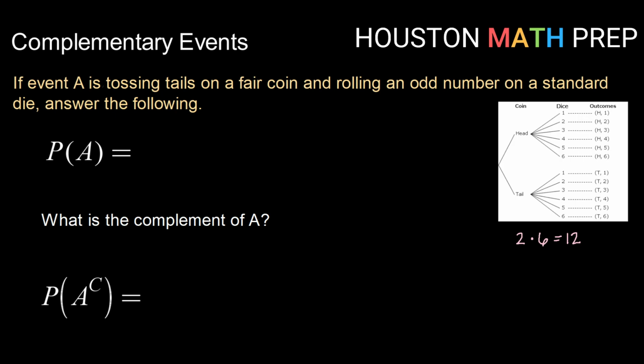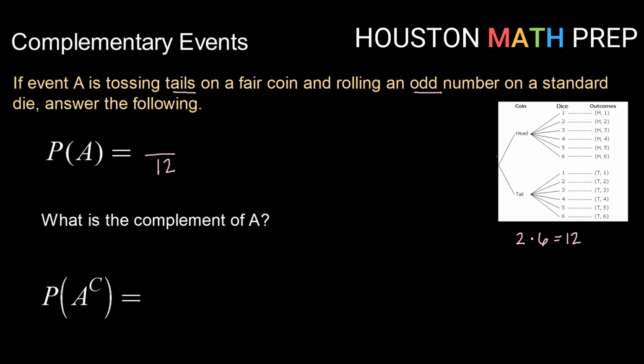So let's say that event A is first tossing tails on a fair coin and then rolling an odd number on a standard die. Find the probability of event A occurring. So we know that we have 12 possible outcomes in total.